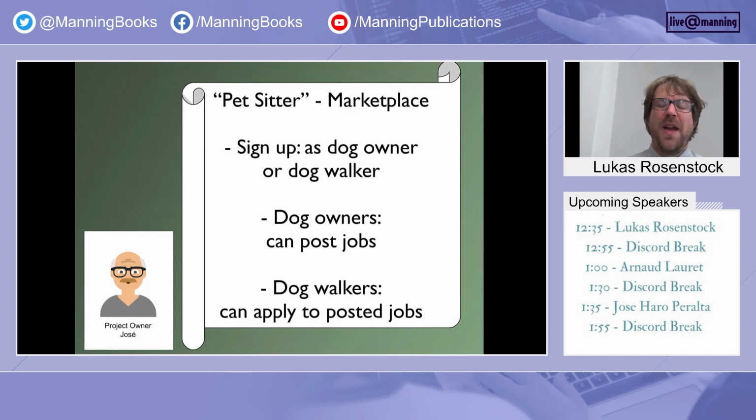He writes down, just like a napkin sketch, his idea for a pet sitter. So he says, on PetSitter, people can sign up and they can either be a dog owner or a dog walker. And then the dog owners, they can post jobs to the marketplace, and the dog walkers, they can apply to these posted jobs.